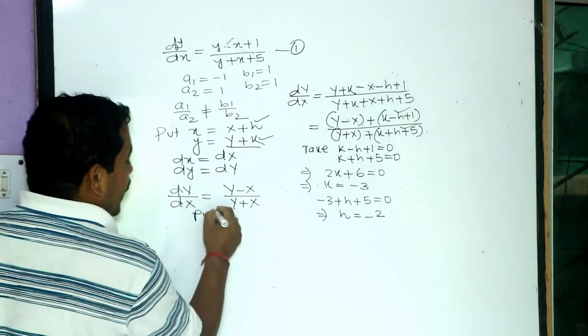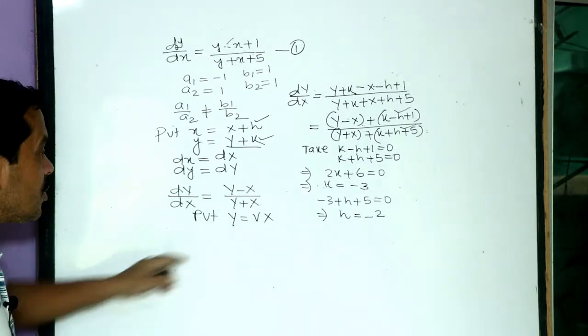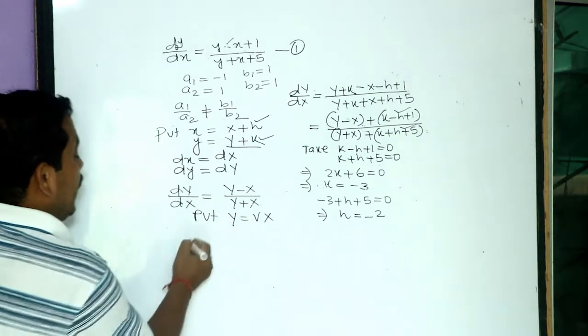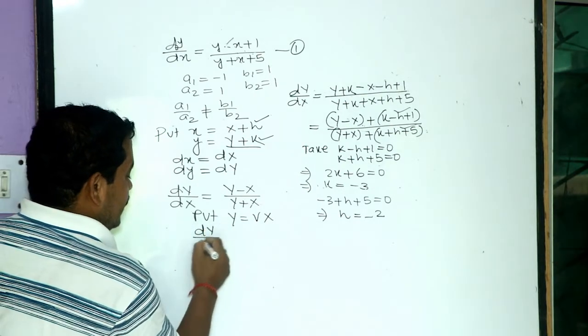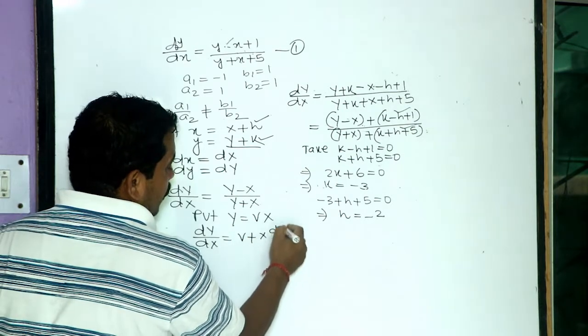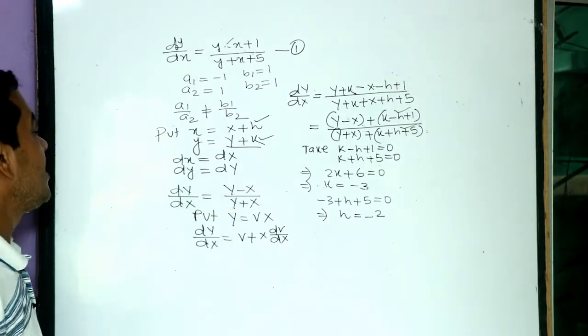Put capital Y as v times capital X, not small x. Take capital X and capital Y. Then dY by dX equals v plus X into dv by dX.